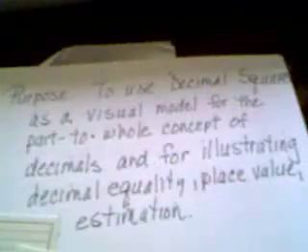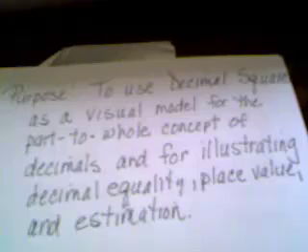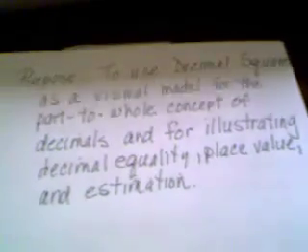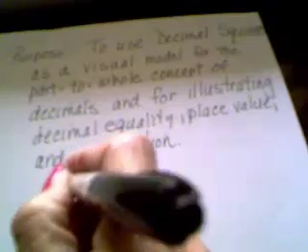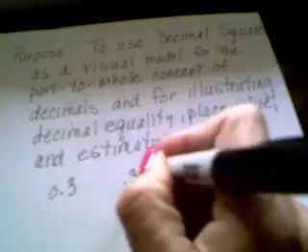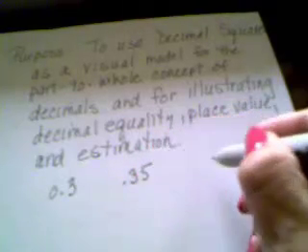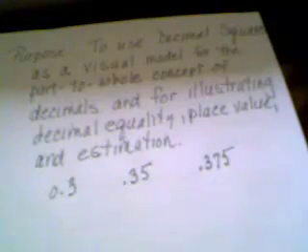All right, let's say that we want to compare or put in order these decimals. 3/10, 35 hundredths, and 375 thousandths.